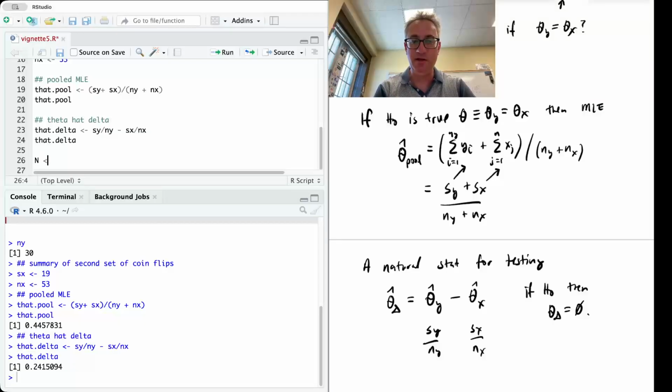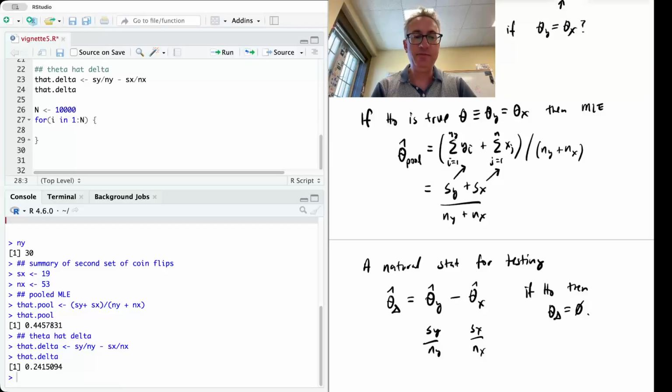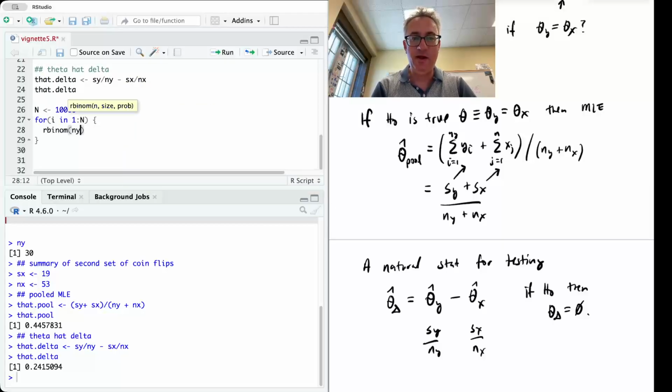So let's do a simulation. Usual for loop. All right, so I'm going to flip two sets of coins. From chapter 1, I could flip NY sets of coins with a theta value. I'm going to use the pooled one, but within reason, it doesn't really matter what you use.